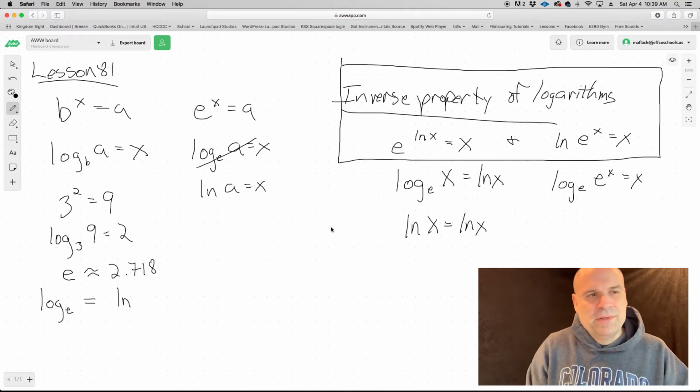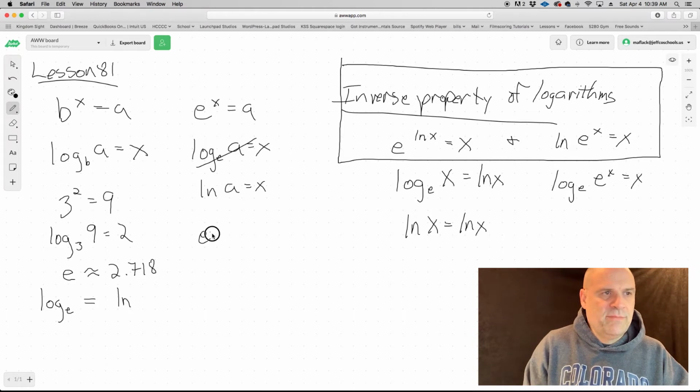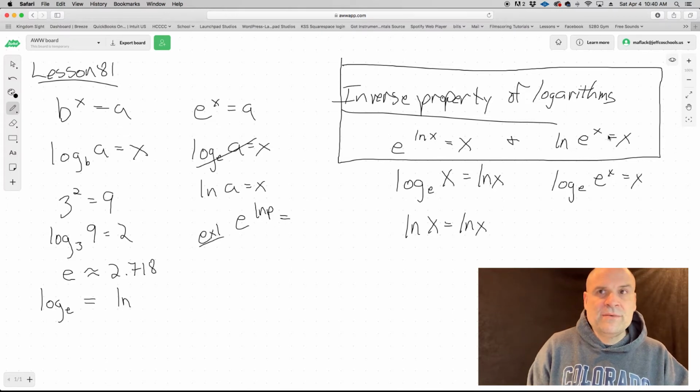Okay, so let's just apply this to some examples. Example 1: e to the natural log of p equals what? If I look at this part right here, this is just the answer to that problem. So that means this is going to be p.